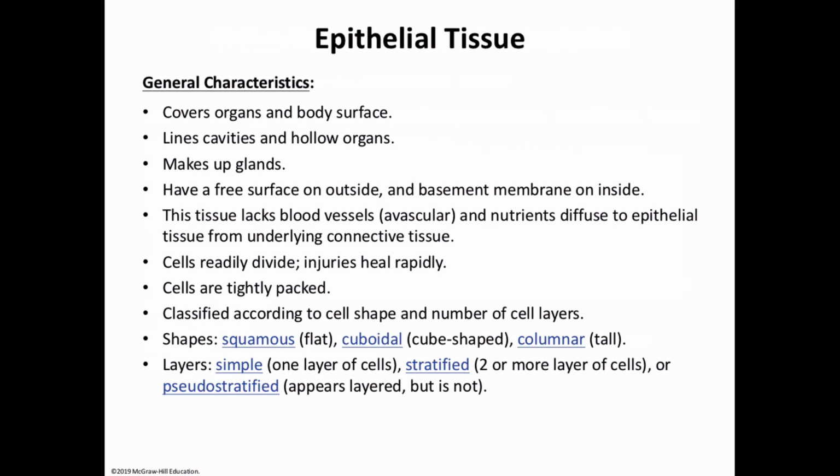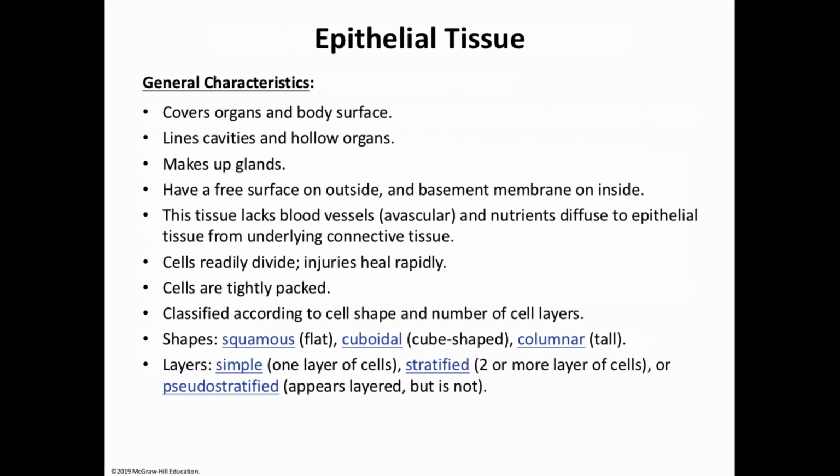In addition, it is what forms our glands. A gland is nothing more than one or more epithelial cells that secrete or produce a product, such as sweat, saliva, milk, wax, hormones, or even enzymes. We'll get to those in a moment.